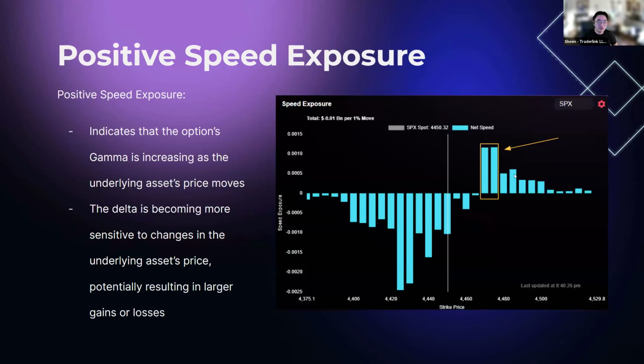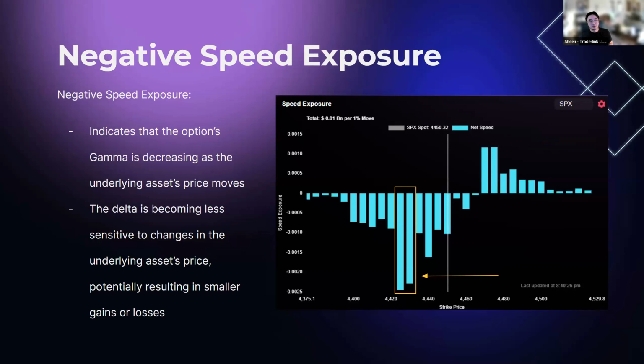As you can tell with the picture here, this is positive speed exposure. The strike prices with the highest positive speed exposures will have the most acceleration in the delta, meaning if you're looking to go long, this is typically what you want to pick. You want to pick between these contracts, right? So that's typically how we visualize it. It's more so meant to basically give you the contract with the best potential for gains.